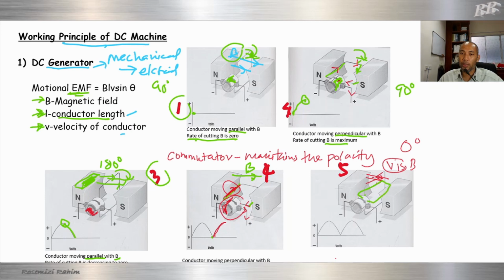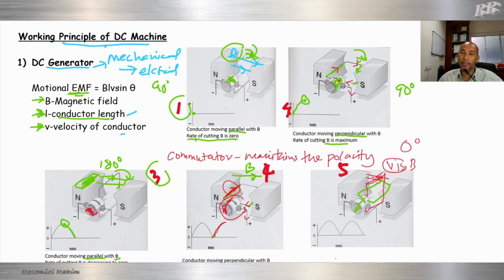So there are 2 conductors, and we have 4 slip rings. The first conductor is the existing one. So in this case we have 2 coils, that means 4 conductor sides.